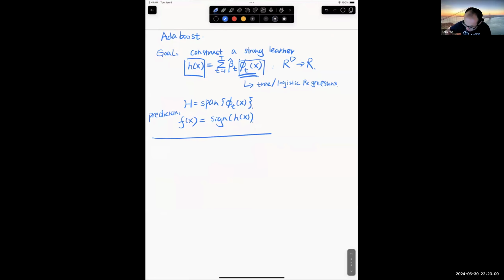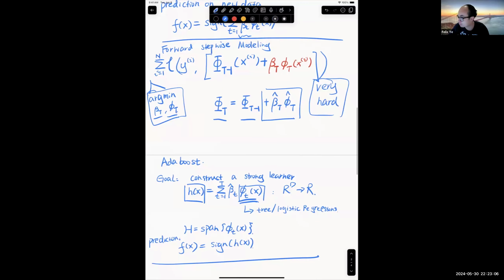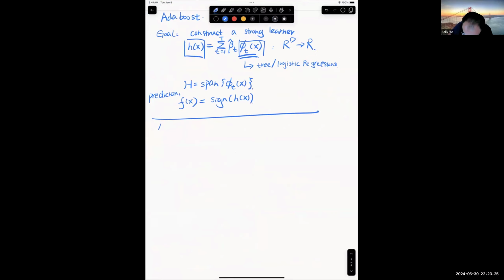You will see that in AdaBoost, we are not doing any optimization directly. In fact, we are trying to minimize this complicated and very hard optimization by taking advantage of some aspects that we want to work with. So the algorithm goes as follows.